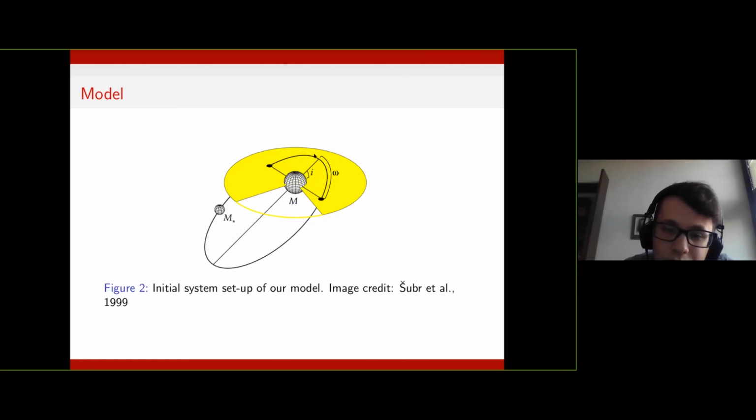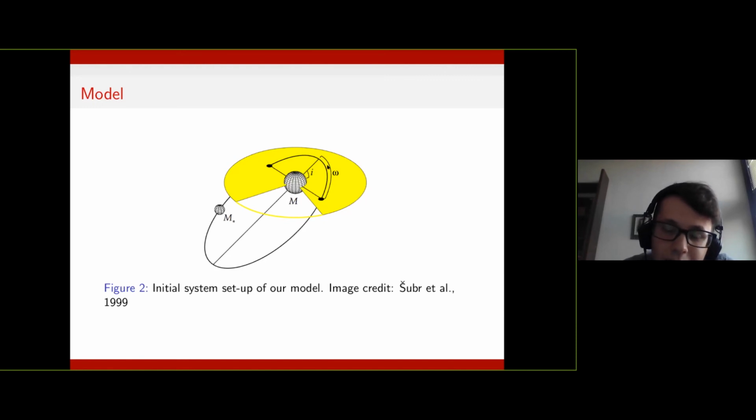So the initial trajectory of the star has a non-zero inclination and is of an elliptic character. And due to the repetitive intersections and interactions with the accretion disk, the star will be dragged down to the orbital plane of the accretion disk itself.